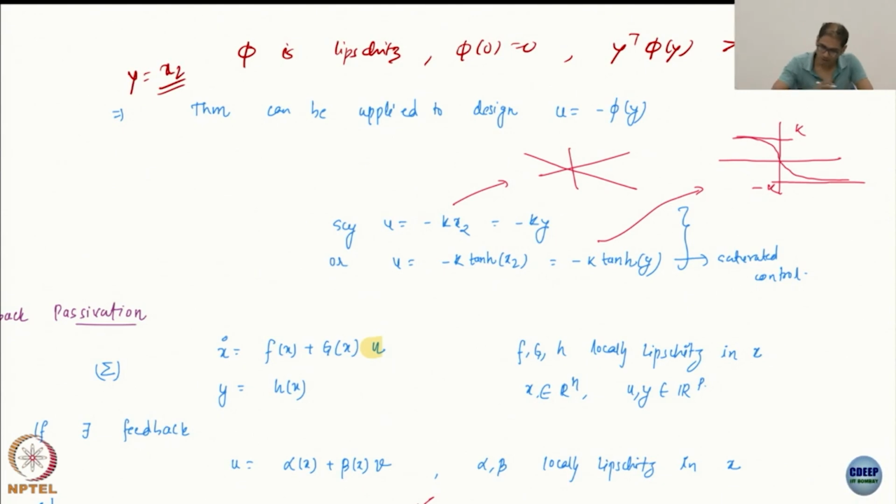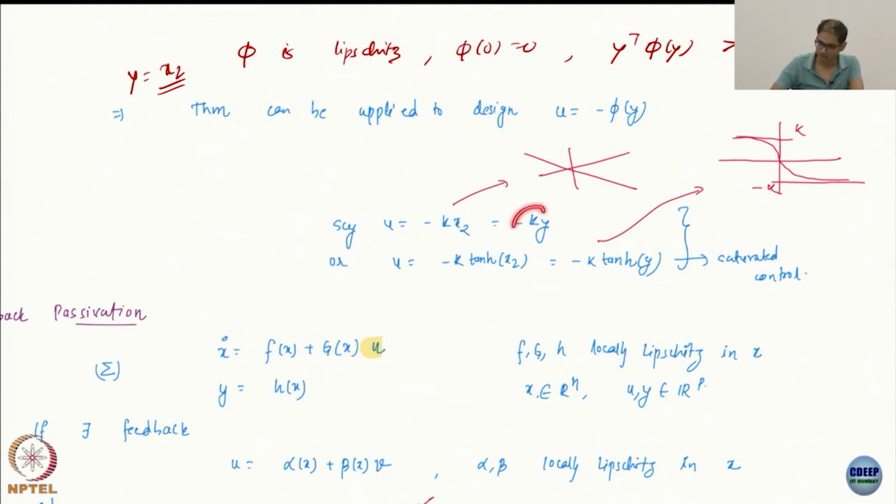So, what is it? I just choose my control as this, just minus k x2 for example. I know that at 0 value of output, control is 0. I also know that y transpose phi y is basically just k x2 squared, in fact.